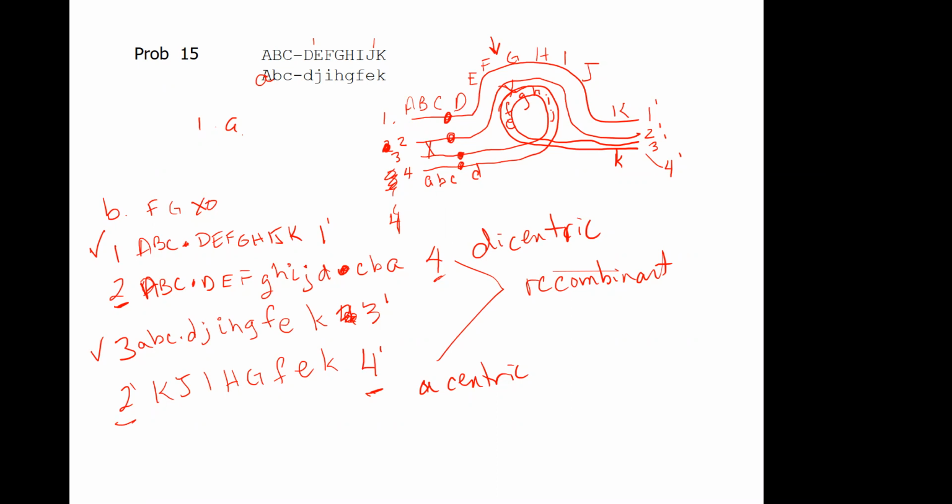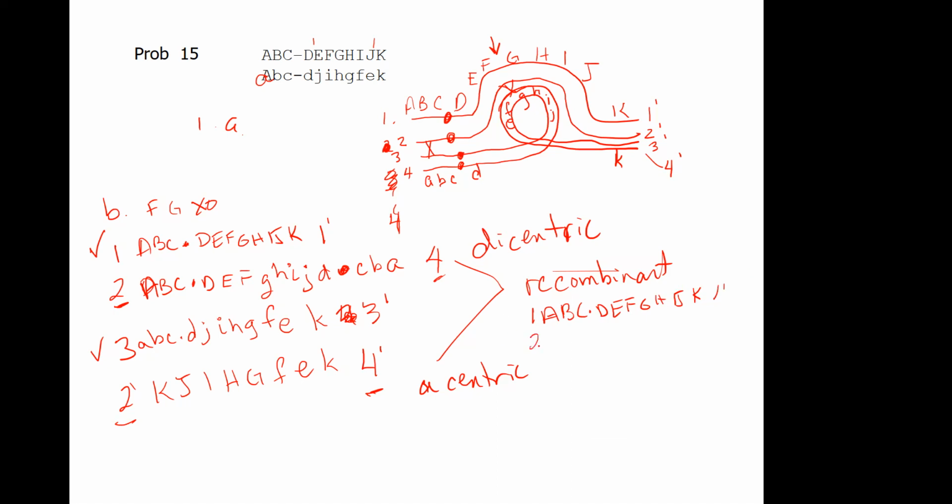So I didn't really do a very neat job here, but I'll try to fit them in down here. All right, so chromosome 1 is the same because nothing happened to it. It'll come out at 1 prime.